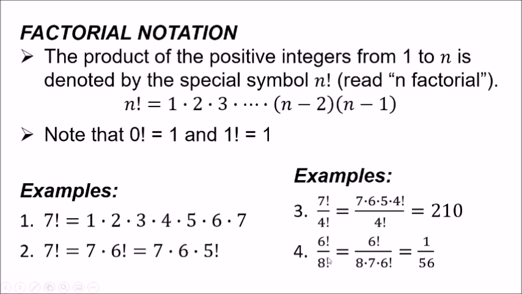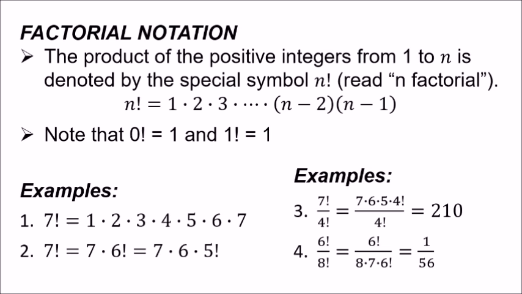Itong number 4, ganun din. So, mas mataas yung nasa denominator natin. So, we will expand only the denominator. And the numerator, i-retain lang natin yan kasi maka-cancel din yan. No? 6 factorial divided by, so itong 8 factorial will become 8 times 7 times 6 factorial lang. Para ma-cancel na natin yung 6 factorial para hindi na maghaba yung ating solution.